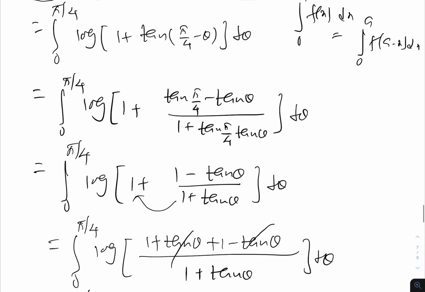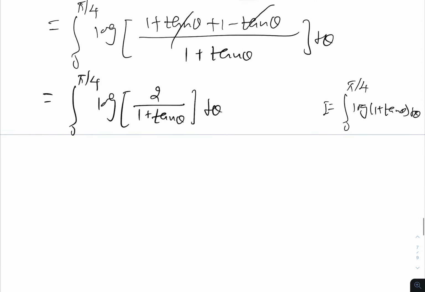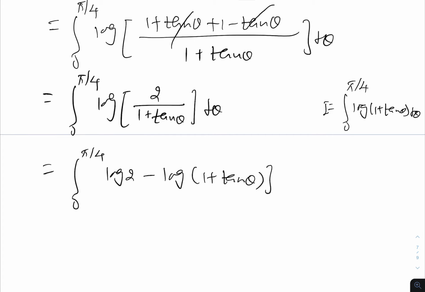Integration 0 to pi by 4 log of 1 plus tan theta. Can you do it like this? Integration 0 to pi by 4 of log 2 minus log of 1 plus tan theta d theta.